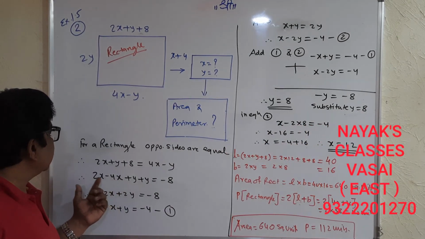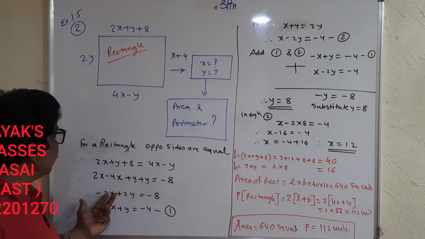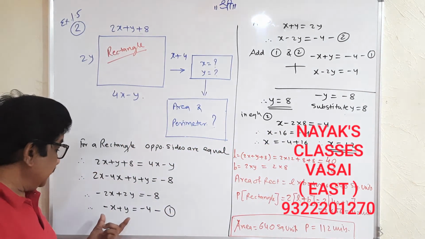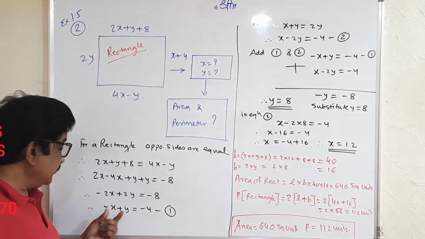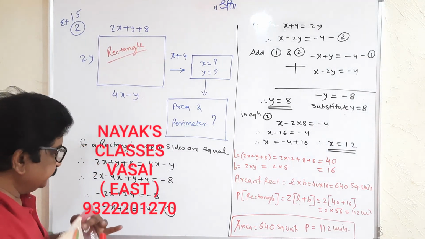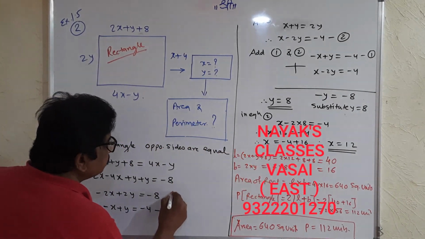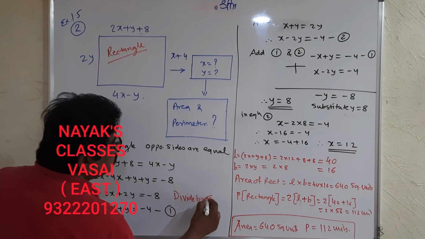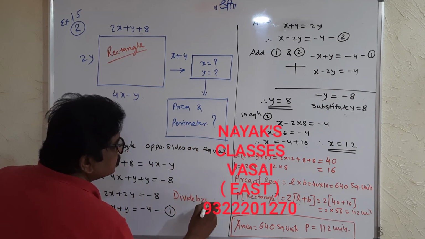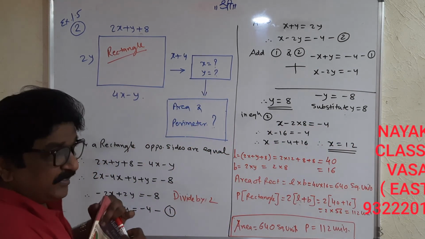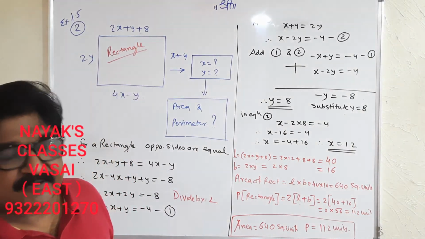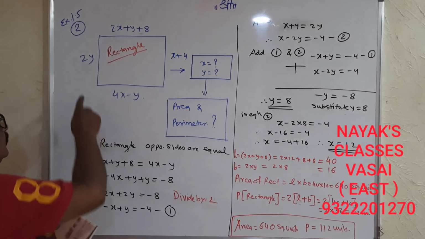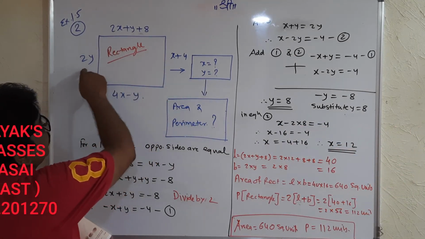So after solving this, 2x minus 4x is minus 2x, y plus y is 2y, it is minus 8. So equation is, by dividing by 2, we get a final equation minus x plus y is equal to minus 4. Similarly, these opposite sides are again equal.